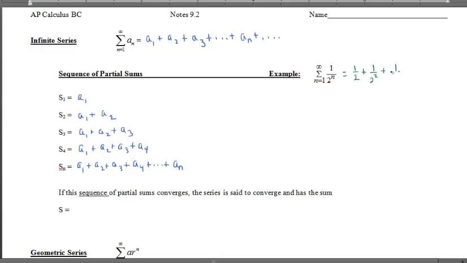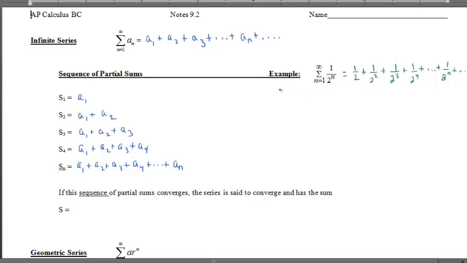The exponent is increasing, 1 over 2 cubed, etc., which is 1/8, 1/16 plus dot dot dot. The upper limit is going to be infinity, so it's going to keep going. Plus 1 over 2 to the n plus dot dot dot. So that's an expansion.